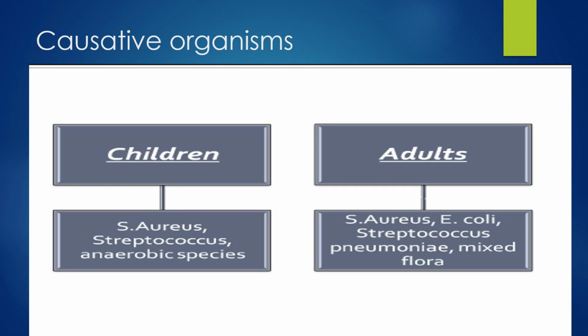The causative organisms in children are Staph aureus, Streptococcus, and anaerobic species. In adults, it is Staph aureus, E. coli, Streptococcus pneumoniae, and mixed flora.